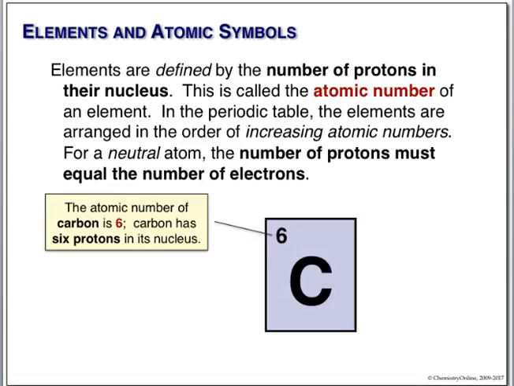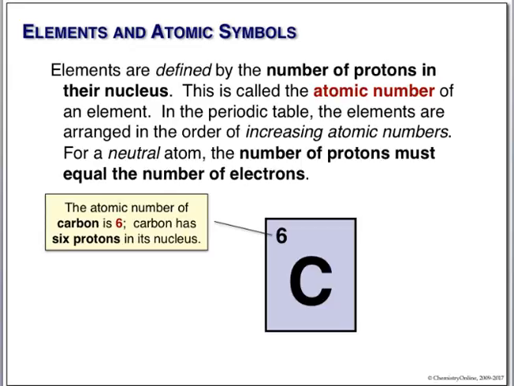So 1, 2, 3, 4, 5, 6, and so on. It's the number on top. What does it mean? The atomic number is quite simply, and this is important, remember this guy, the number of protons in the nucleus.